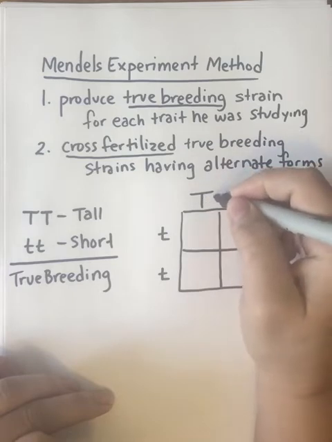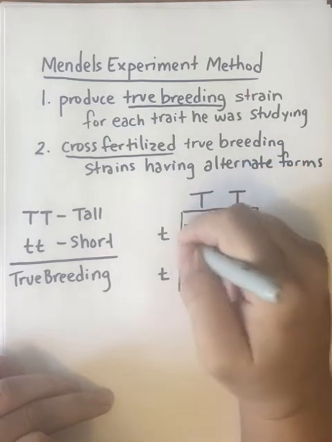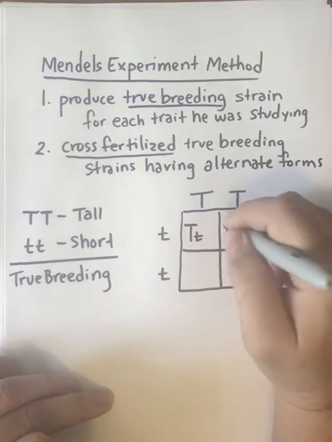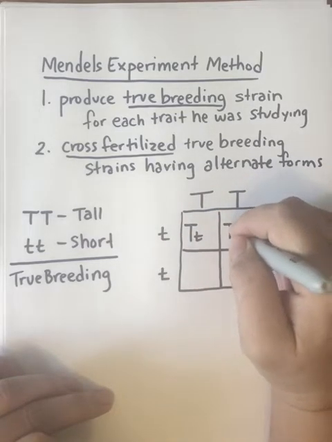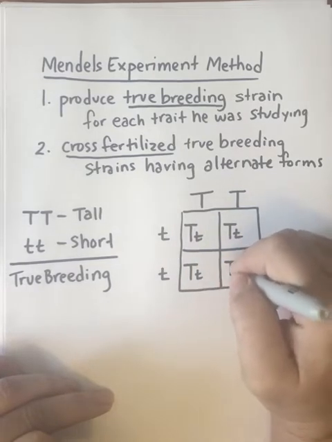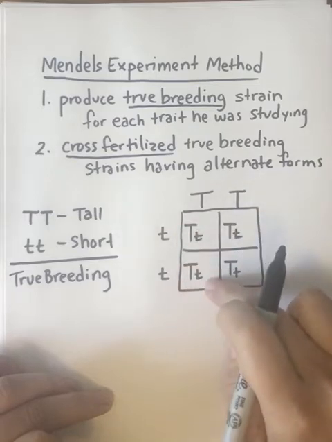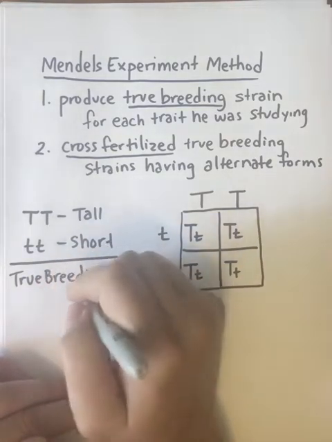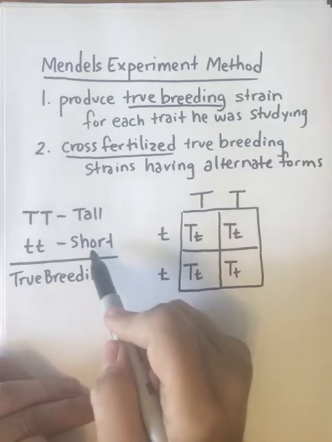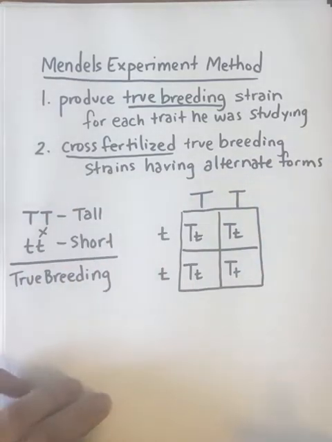So the way that you fill in your Punnett Square is you always put your big letter first and then your little letter second. So these in the box would be after you cross-fertilize. This is the cross-fertilize, these are new plants. So we took two true breeding strains that have alternate forms, tall versus short. So this is what we're crossing when we cross-fertilize.